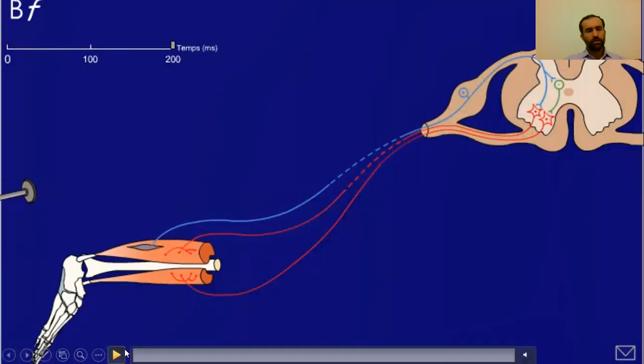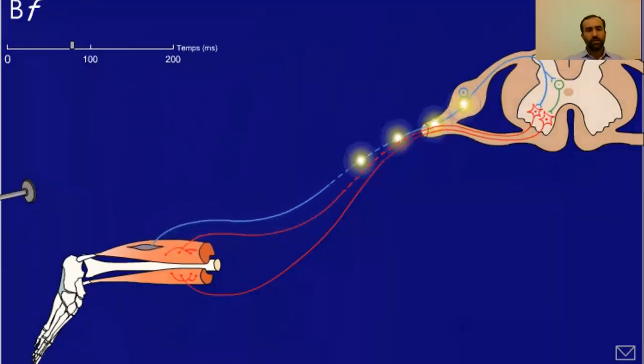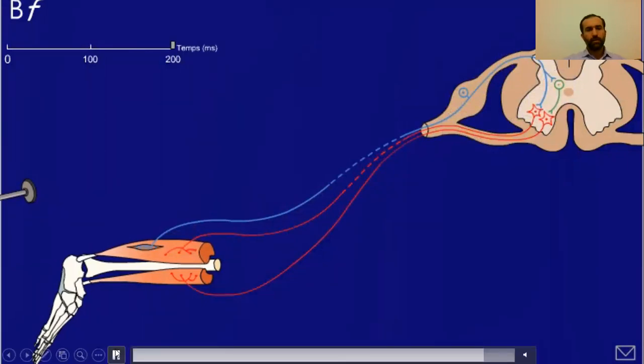I will repeat again. This is hitting the muscle, stretching. Stretching makes a sensory message. Now I'm hitting.